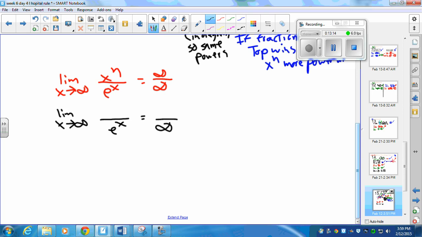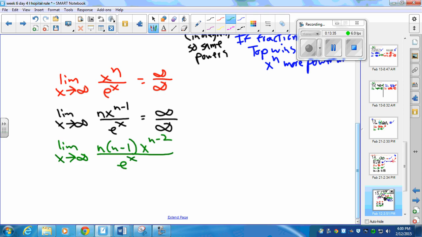This derivative would be n, bring the exponent down, x to the n minus 1. And that most likely is probably still infinity. Now you might go, whoa, what's going on here? Well, the next one would be n minus 1, x to the n minus 2, again over e to the x. And that's probably still infinity over infinity.